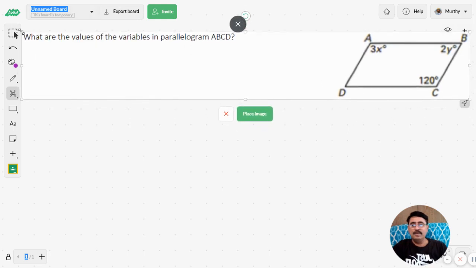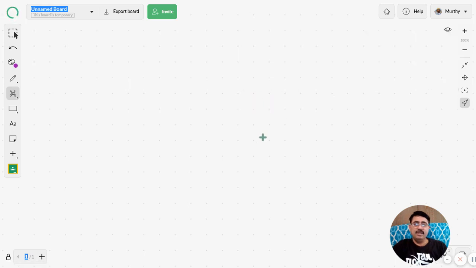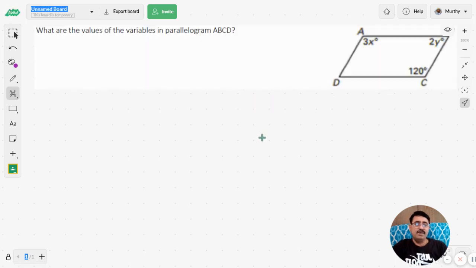Okay, let me minimize this one. The next one is, what are the values? Two points to be remembered. Let it be a parallelogram, square, rectangle, or rhombus, the rule is the same. In a parallelogram, opposite angles are equal.